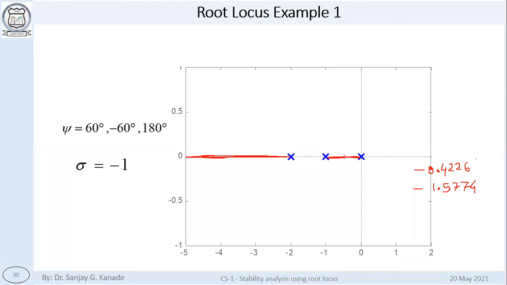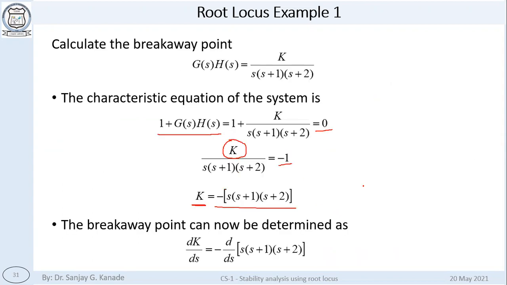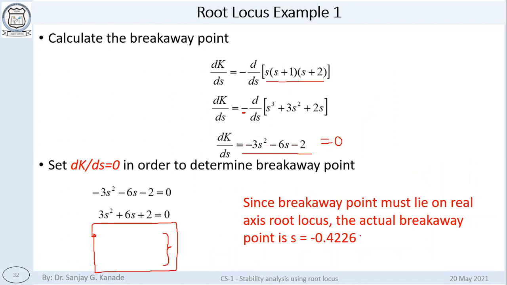It is somewhere here, and 1.577 is somewhere here. So obviously this point cannot be a breakaway point because it is not on the root locus, means the root locus is not meeting there, it is not breaking out into the complex plane from that point. So the final answer for the breakaway point is minus 0.4226, right?